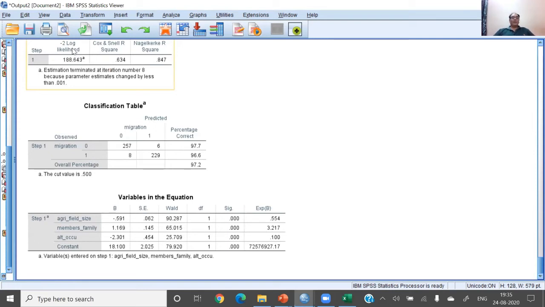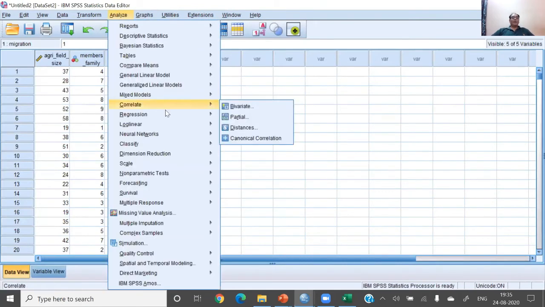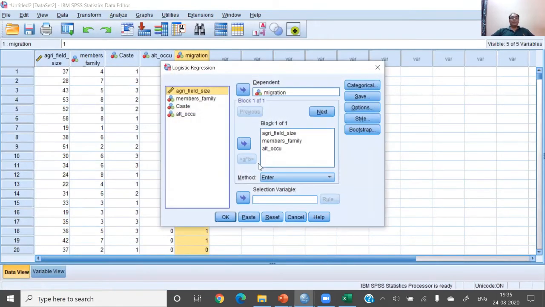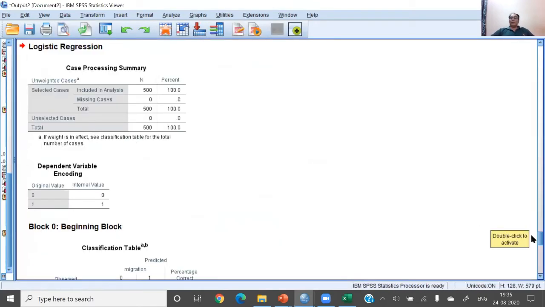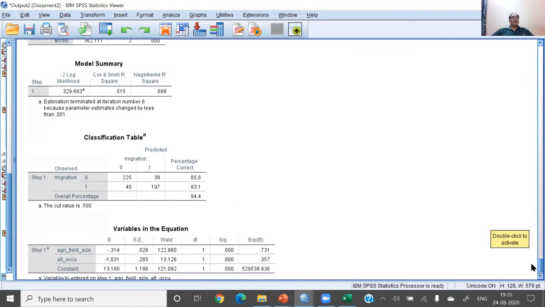So I hope now you understand the meaning of log likelihood. If I remove some important variable, what happens to log likelihood? Let me check it. If I remove some important variable, let's say members of the family, you can see that the log likelihood value increases.